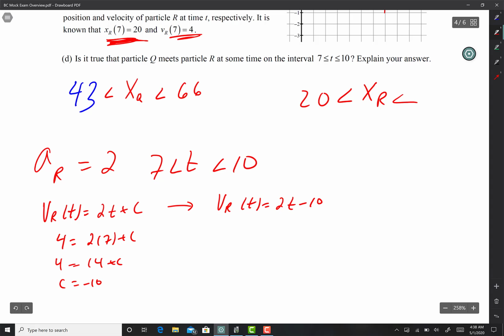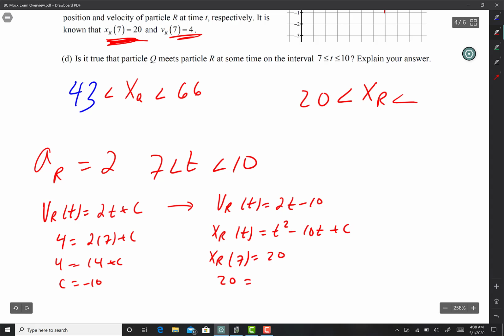Now I'm going to do another antiderivative. x of r of t. So here's my position equation, guys. 2t, add 1, divide by 2. So that means t squared minus 10t plus c. And then I know it at 7 again. At 7, I am 20.